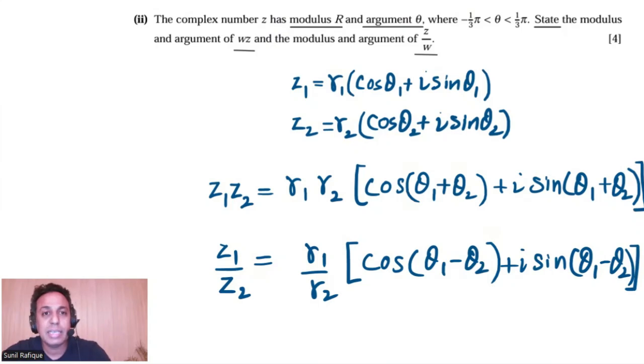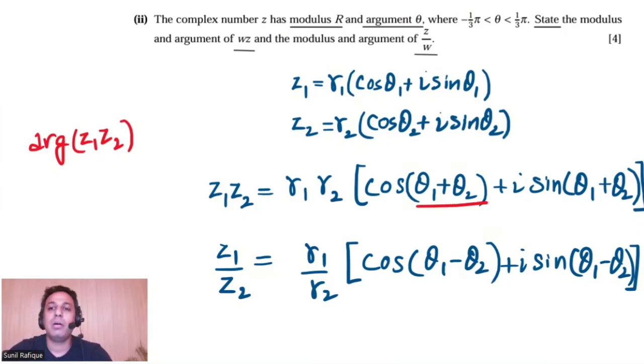So now what's the catch from here? Let me just use a different pen to show you. So when you look at the argument of Z1 Z2, that is the sum of the individual arguments of Z1 and Z2. So you can say this is argument of Z1 plus argument of Z2. So that's the property which I was talking about earlier.